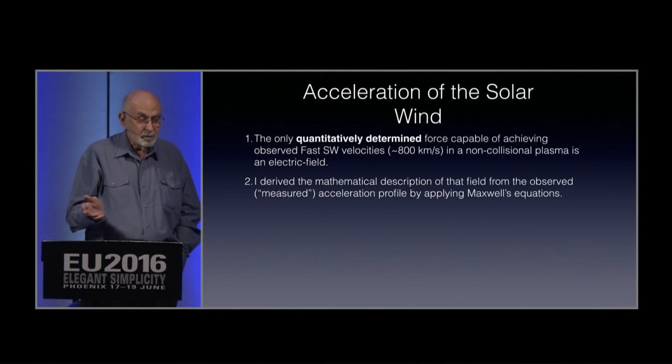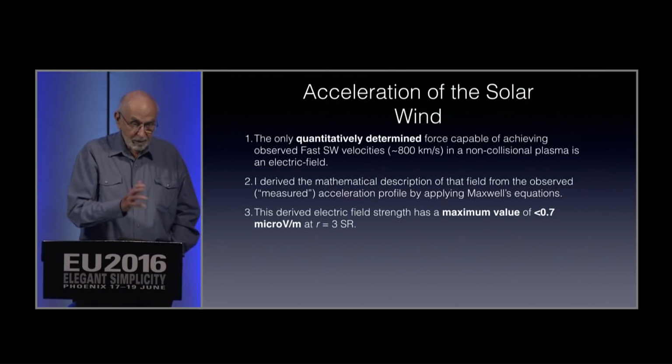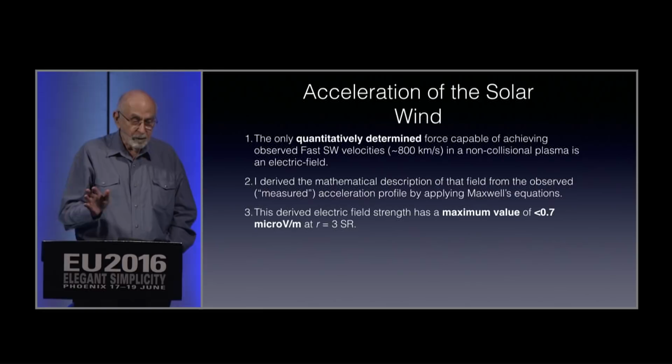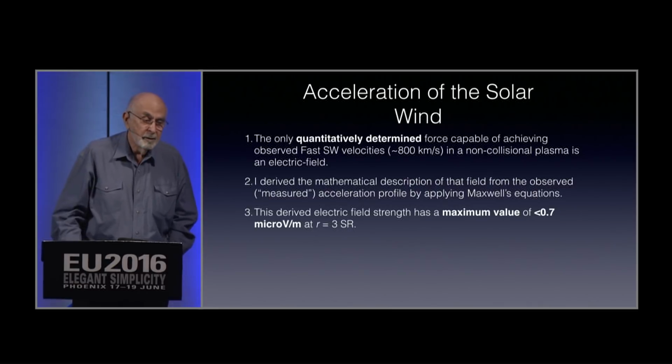The only quantitatively determined force capable of achieving a fast solar wind acceleration is the electric force. And I did some work on this. I won't bore you with the mathematics, but my final result is step 3 there. I've derived the electric field strength necessary to accelerate the fast solar wind to 800 kilometers per second.